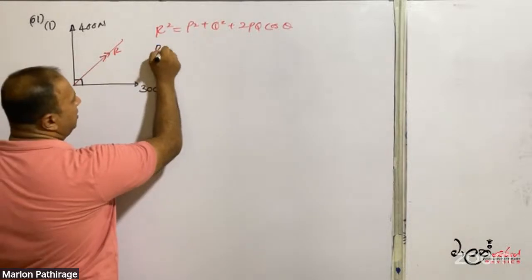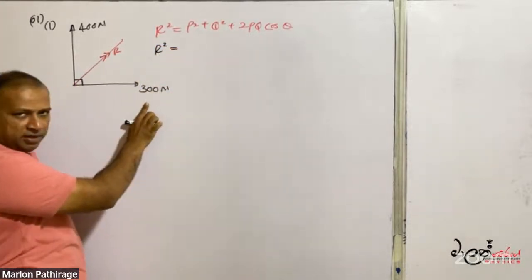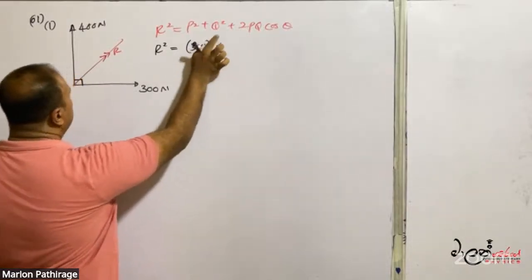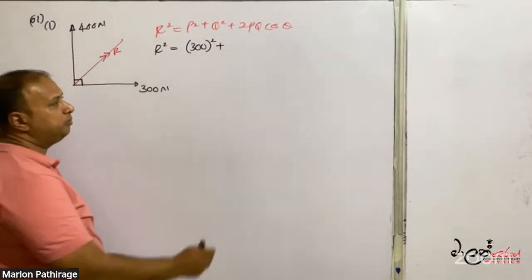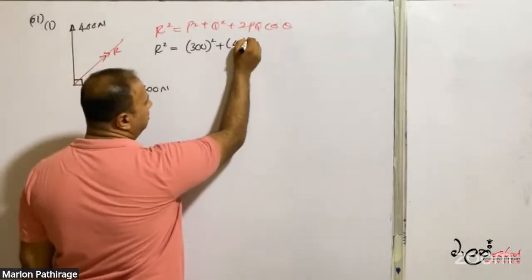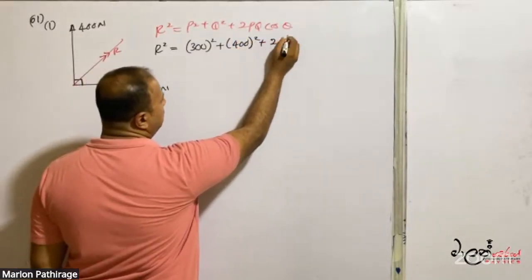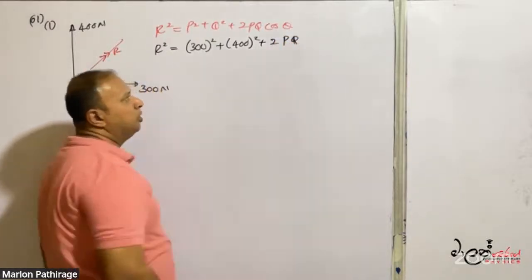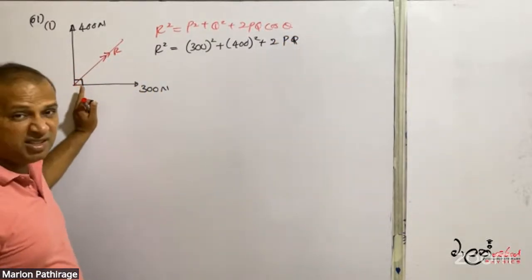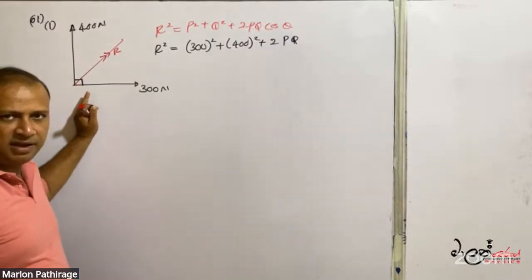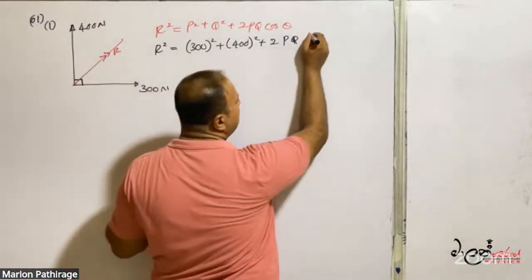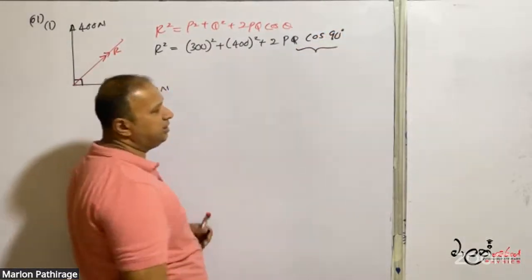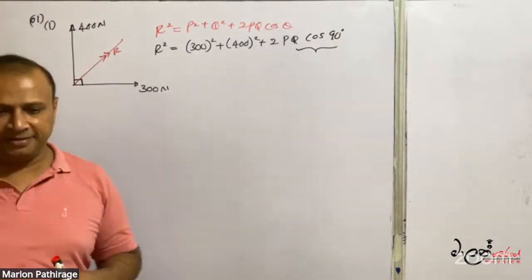R squared is equal to 300 squared plus 400 squared plus 2PQ cos theta, and theta is 90, therefore cos 90. So what is the value of cos 90?